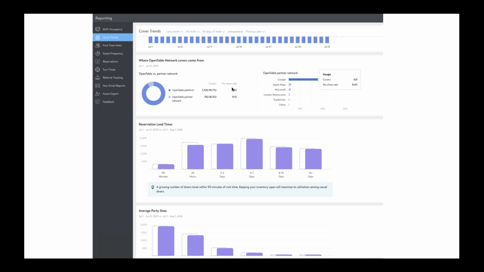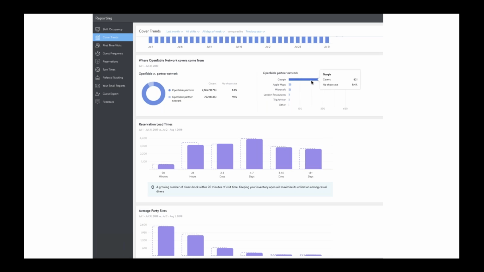We're also showing a much lower no-show rate for OpenTable versus the partnership rate, and that's across all restaurants. Our OpenTable platform no-show rates are generally at least 50% less than what you see at a partnership rate. I'm not saying our partnership diners don't show up, it's just that they tend to no-show a little bit higher than OpenTable.